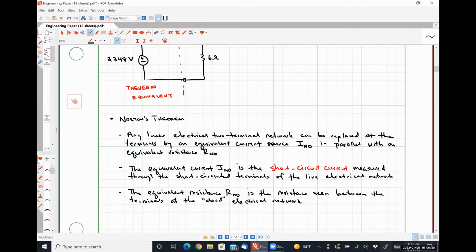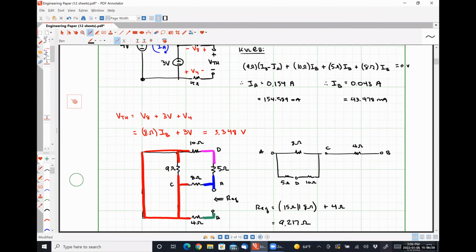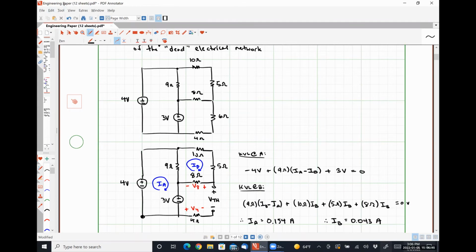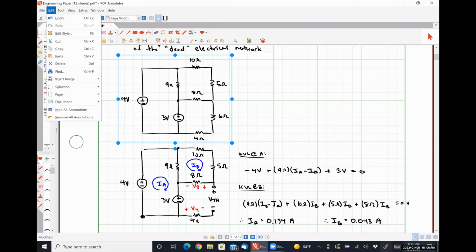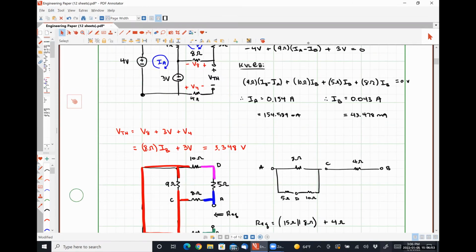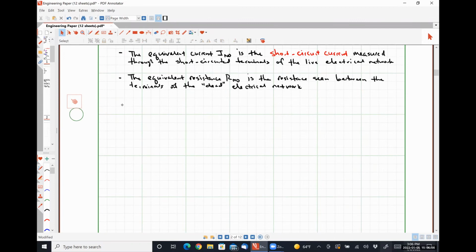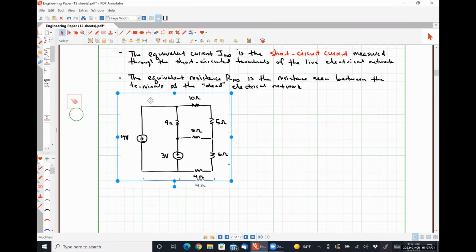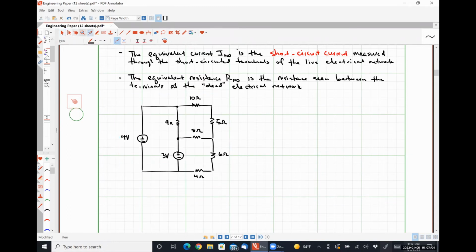So I want to revisit our circuit that we just analyzed, but now walk you through how to determine the Norton current. So I'm going to cheat here real quick and copy this so that I have a picture of it that's a little closer. So this is our original circuit.